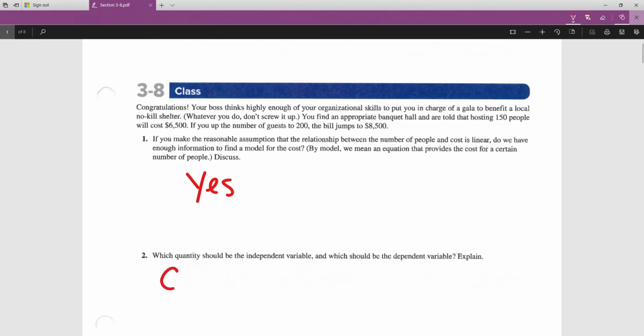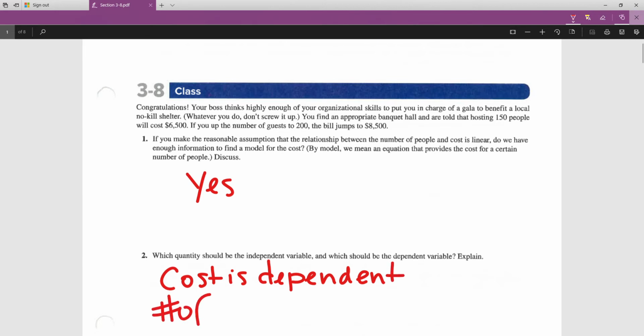Cost is dependent and number of people is independent. And again, that means that the total cost of the banquet depends on how many people we're planning on hosting.